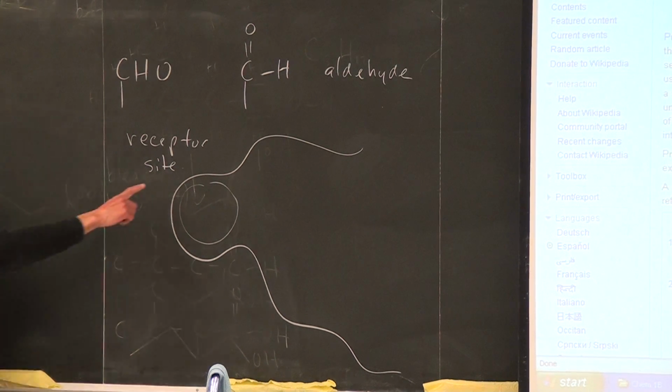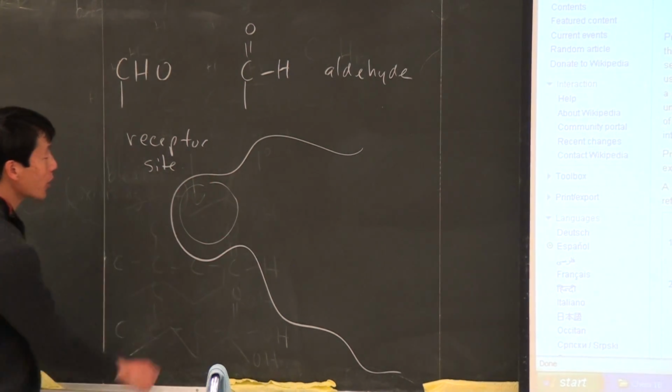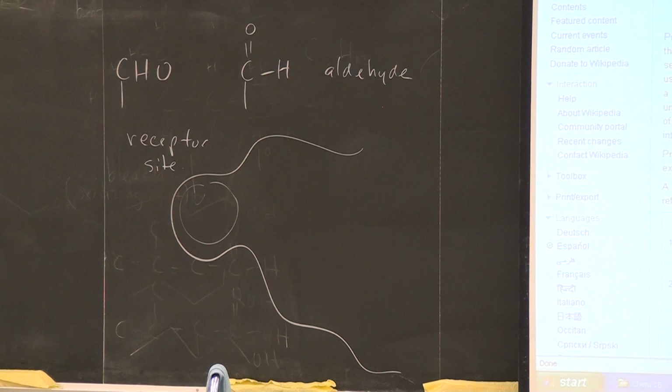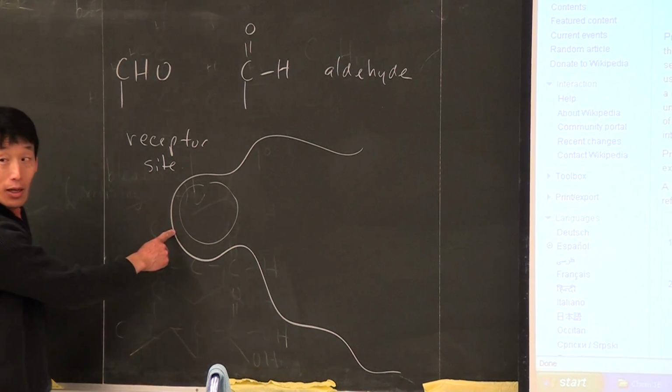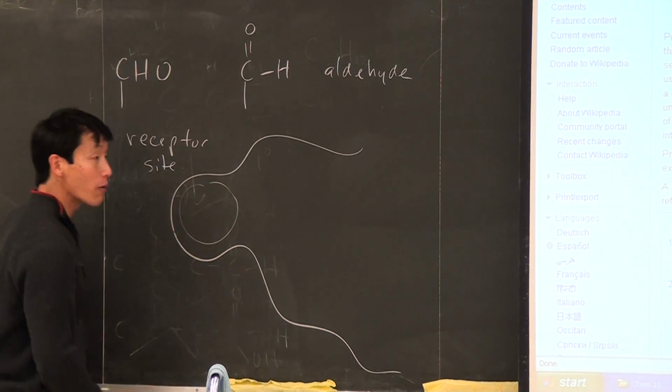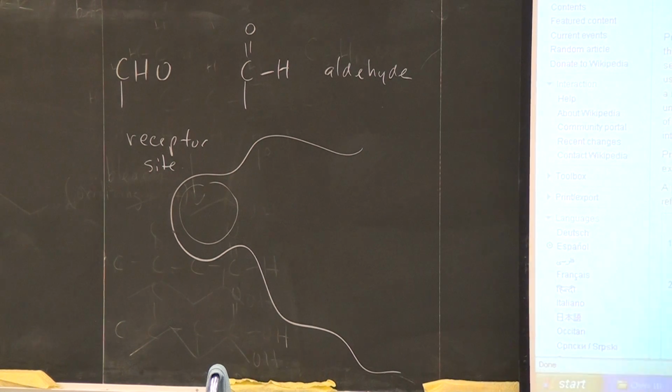Okay, so note that this is the shape of just a small portion of the protein molecule. So yeah, that would represent the secondary structural level of protein.